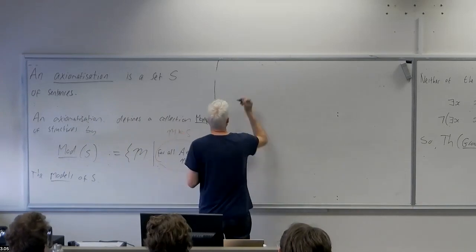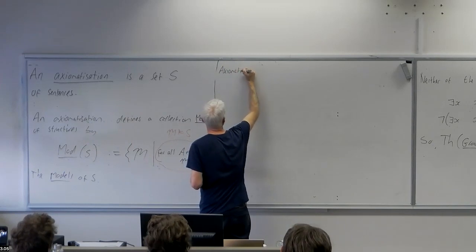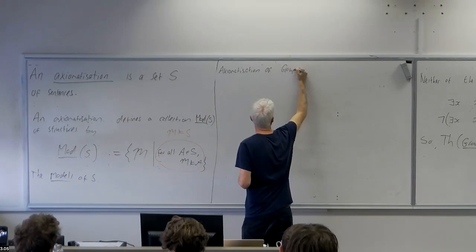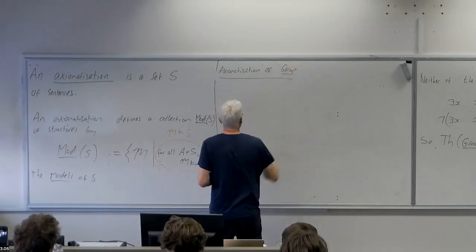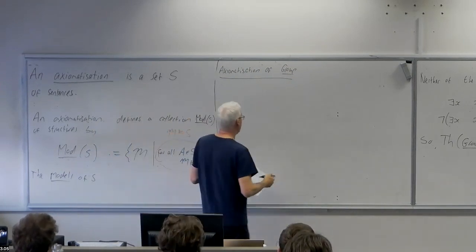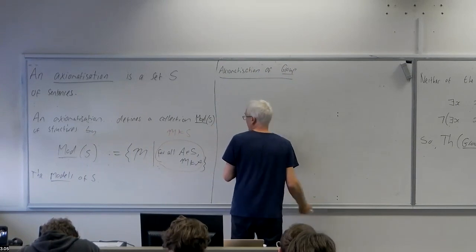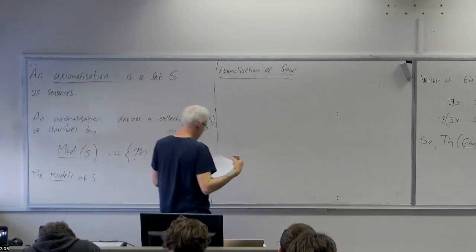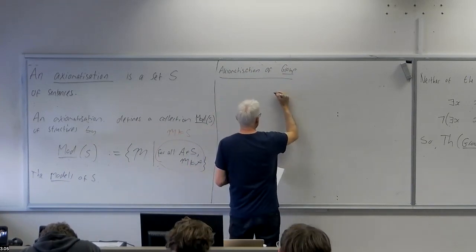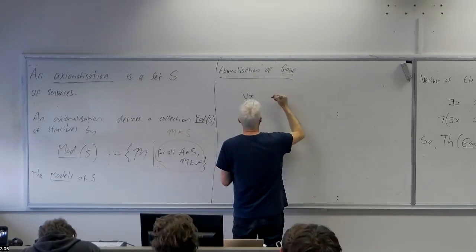So, examples of axiomatizations: an axiomatization of groups, the collection of all groups. We've seen this before, but just to do it formally in our language. What is a group? We have the signature, it has the identity, it has the multiplication. We want the axiom that says the identity is an identity for the multiplication.